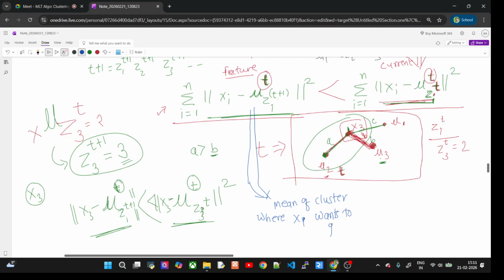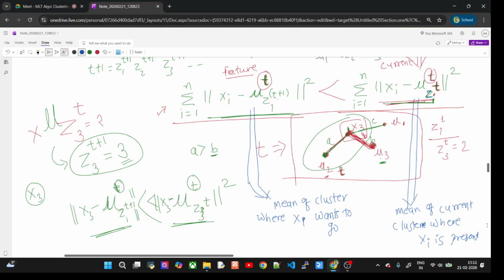And what is this, mu_t? This is the mean of the current cluster, the cluster where xi, in our case x3, is present.